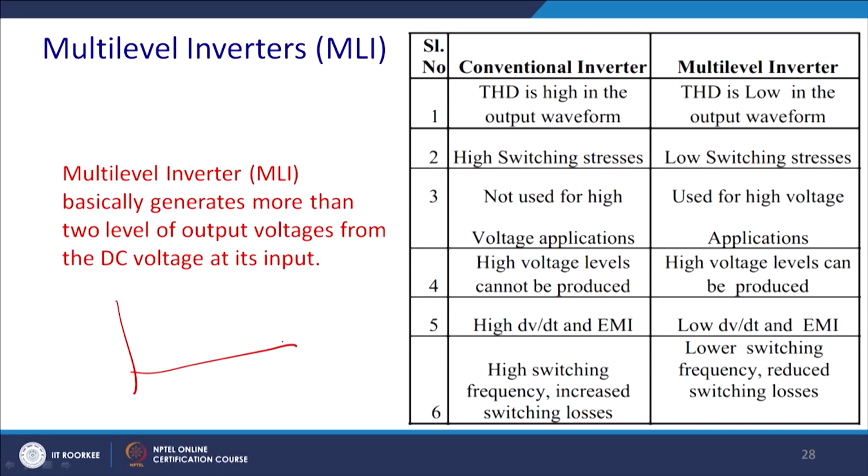Let us consider a simple buck logic, but since it is an AC, it has to be like this. But what essentially you are doing, while you are switching on, you can have this voltage or 0. Ultimately you will have the volt area match with this sinusoidal waveform.